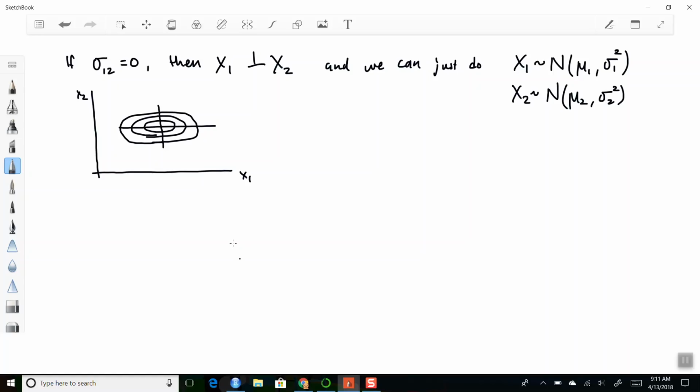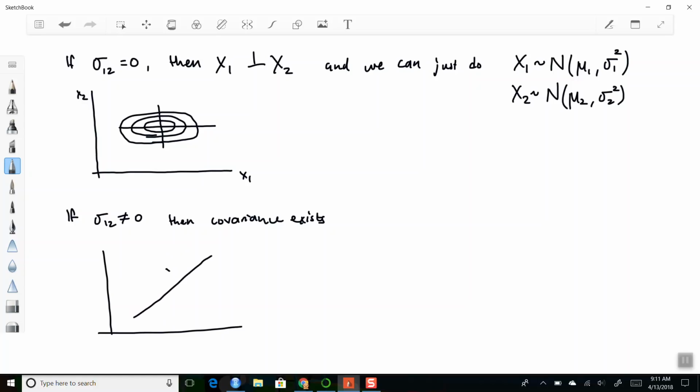Okay. But on the other hand, if sigma 1,2 is not equal to 0, then you have some covariance. This means that as x1 tends to be greater or smaller, then x2 will also be greater or smaller depending on the value of the covariance. So you might have something that looks more like this as far as your ellipses go.